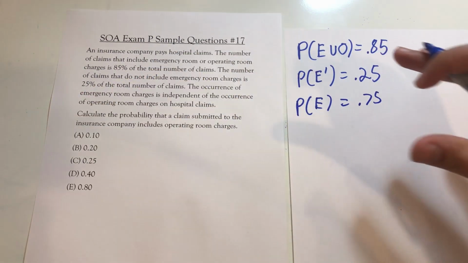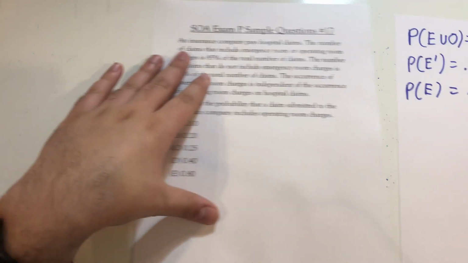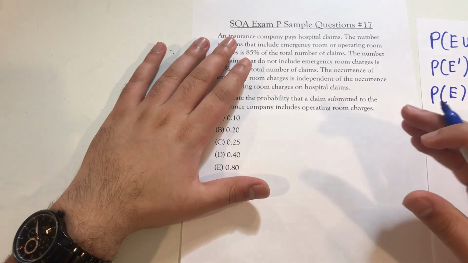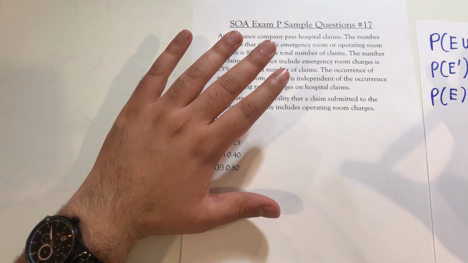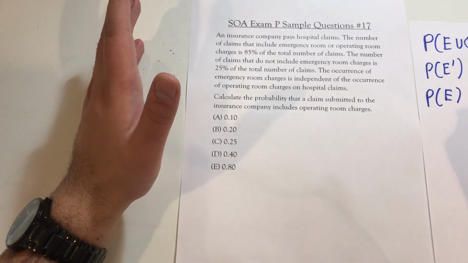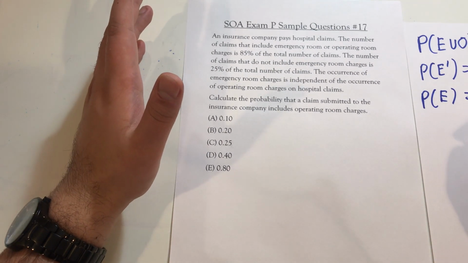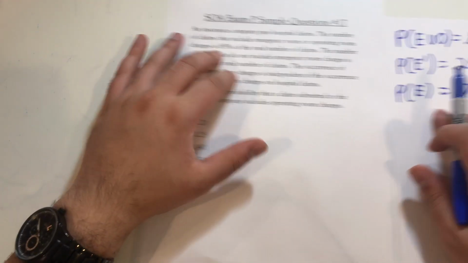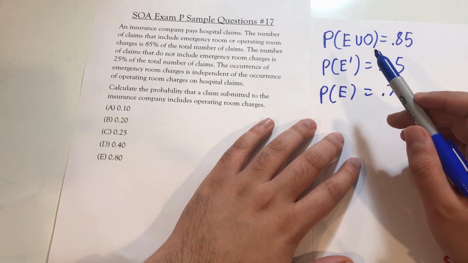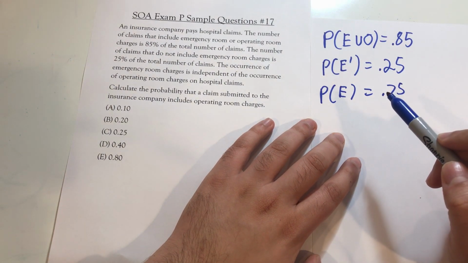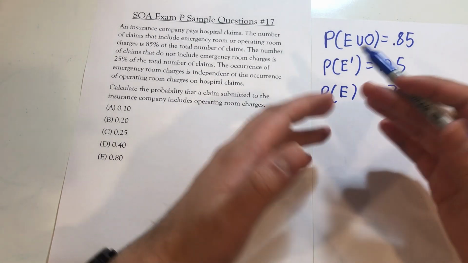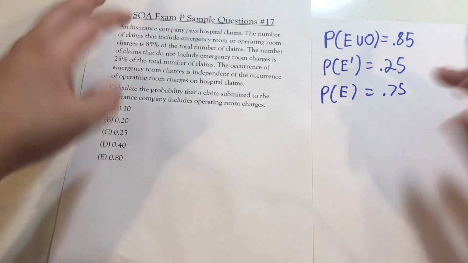Why? This should be something you're pretty familiar with. An event A and the complement of that event should be equal to the entire sample space, which is 1. So here I'm saying you either don't have emergency room charges or you do, and that should be everyone. You either have it or you don't.